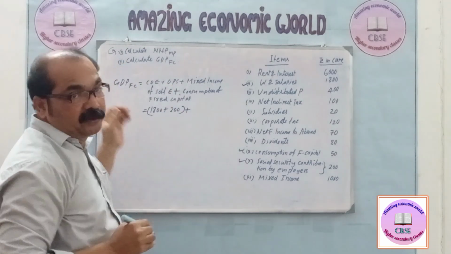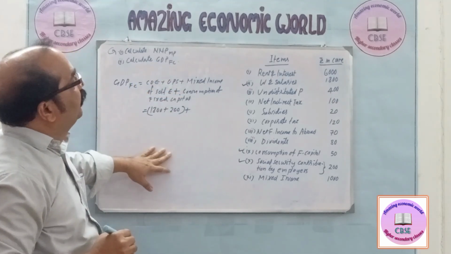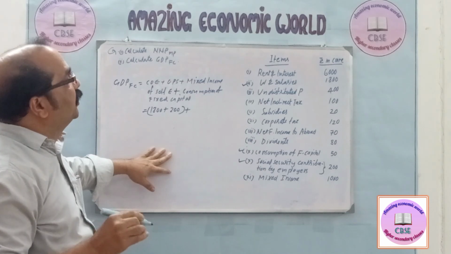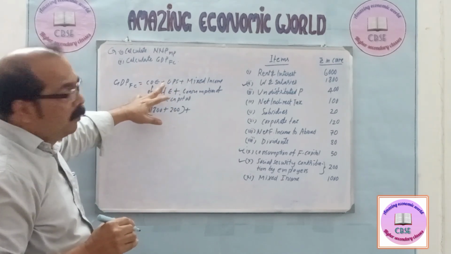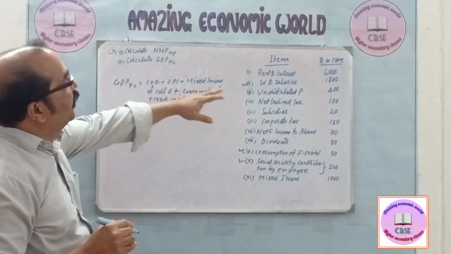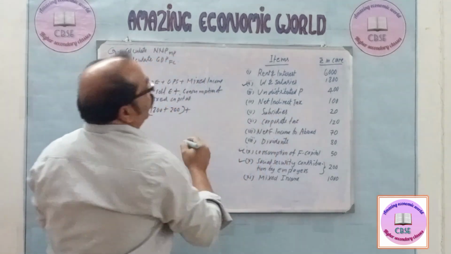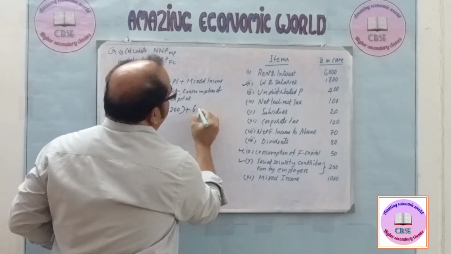Okay, next operating surplus. What are the items included in operating surplus? We know that rent, interest, profit. Operating surplus consists of rent, interest, profit. Rent and interest, what is the amount? 6,000.